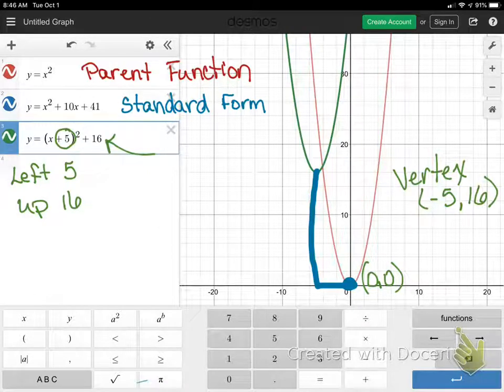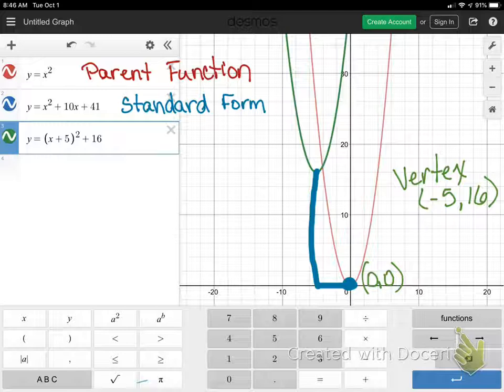We can identify what my vertex is from this form right here, which also tells us how our parabola moves.